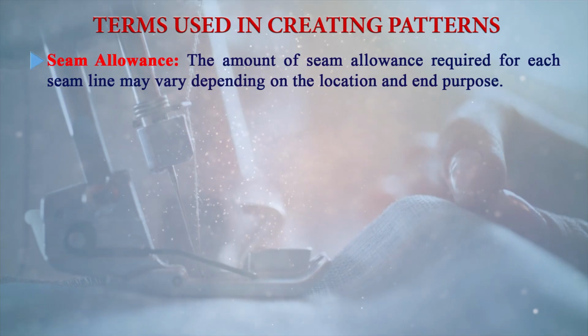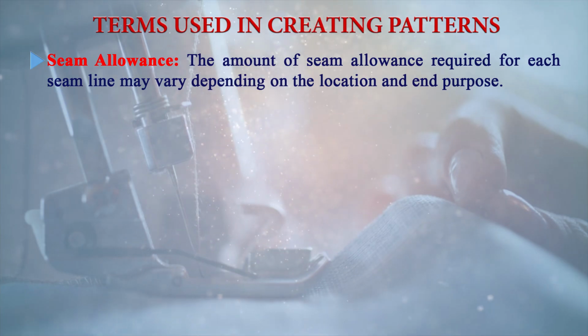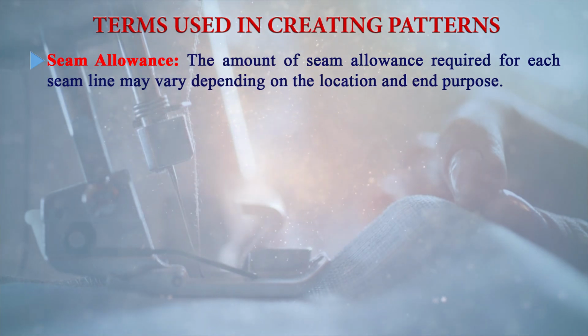The amount of seam allowance required for each seam line may vary depending on the location and the end purpose. So seam allowance in the whole pattern can vary from one part of the garment or pattern to another.